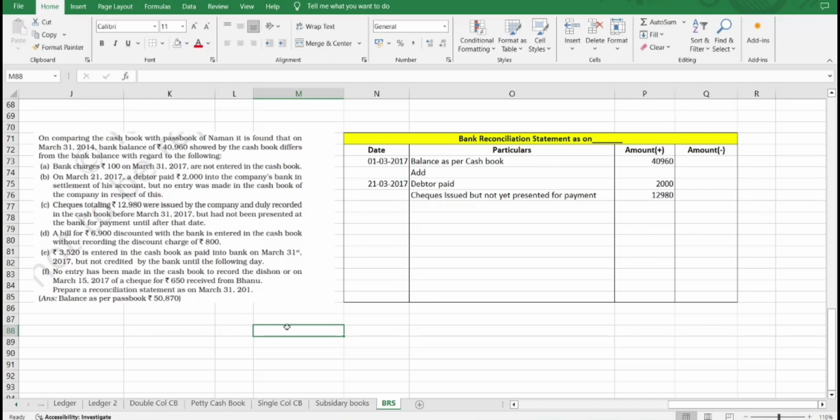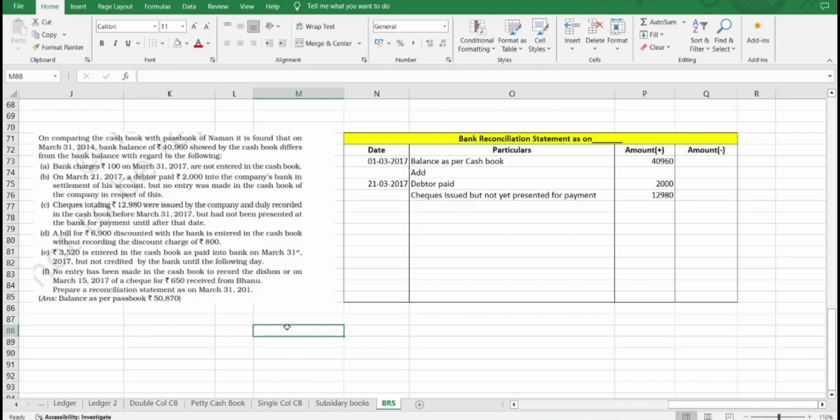So the 6,900 amount is found in both the books, but without recording the discount charge of rupees 800. So they have told that the discount charge of rupees 800 is not recorded in our cash book. So discount charge is something we will deduct. So discount charge of rupees 800 will be deducted.